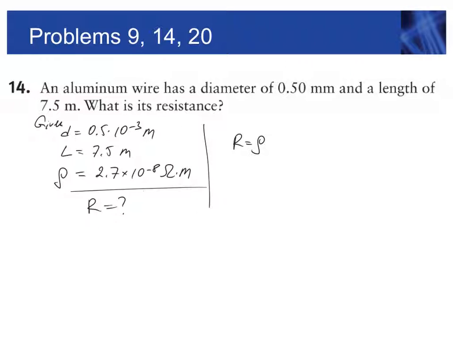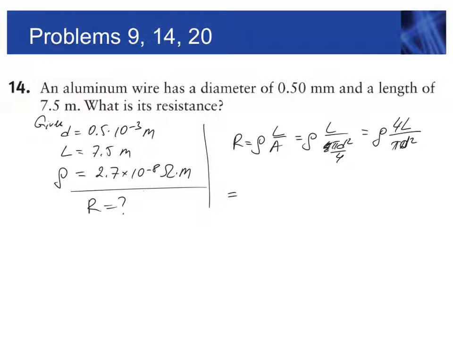Same formula as before. R is equal to rho L over A, which is equal to rho L over pi diameter squared over 4. That is rho 4L over pi diameter squared.